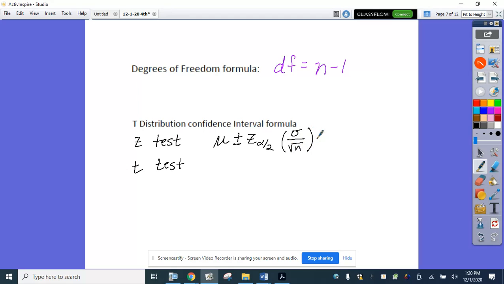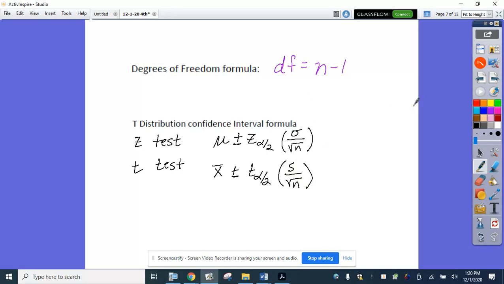Now that's the z-test. The t-test is the average or the mean plus or minus t sub alpha over 2 times the standard deviation over the square root of n.